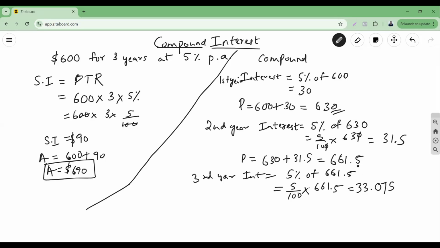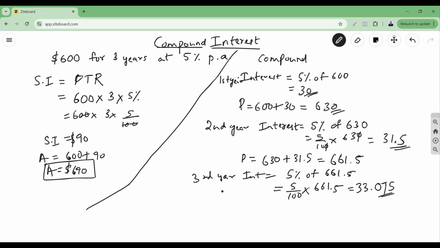Year by year, the first year the interest was only $30, the second year it was $31.5, and the third year the interest also increased to about $33. Why has it increased? Because the principal has increased.